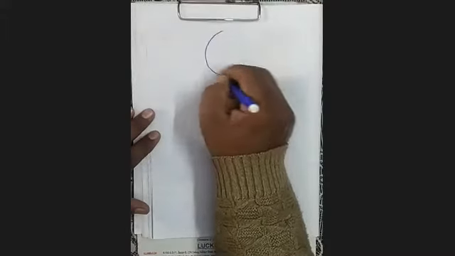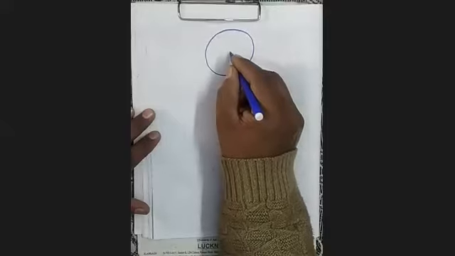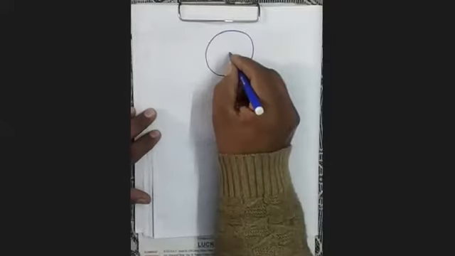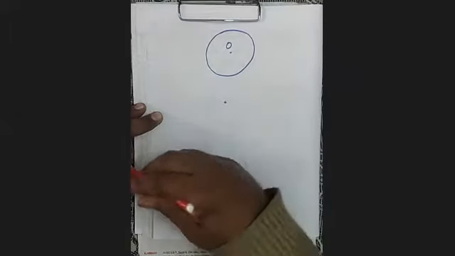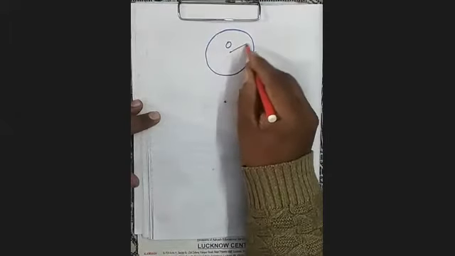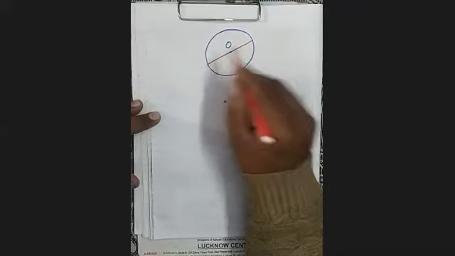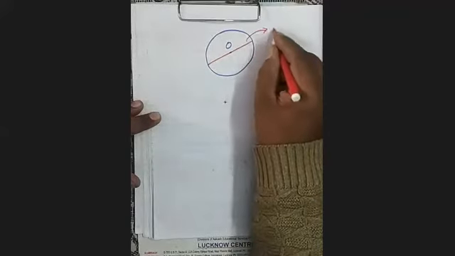What is semicircle? So you can see here, this is the circle whose center is this point. Now as we know that this line is known as diameter. Just now I have told it is diameter.